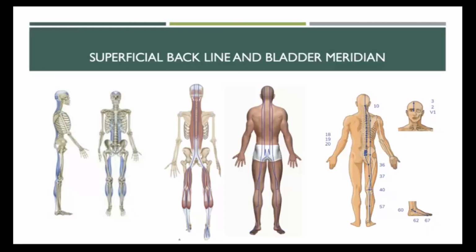So we have the kidney channel that we just observed, and what pairs the kidney channel is the bladder channel. And these two channels are vitally important, especially in winter. So during the winter time, these are the channels that we are looking to tonify and strengthen.